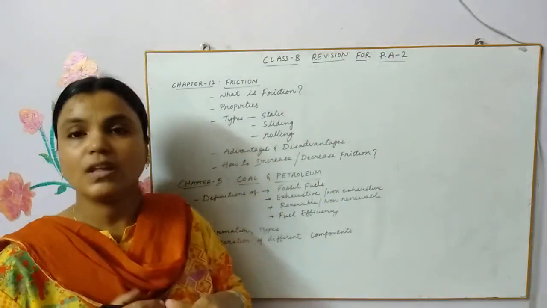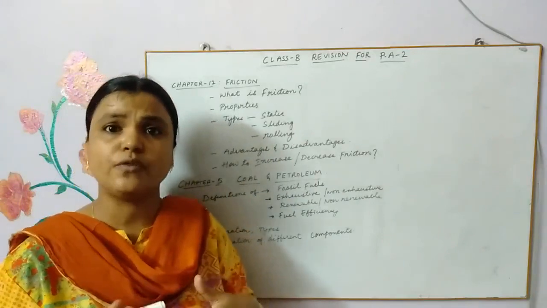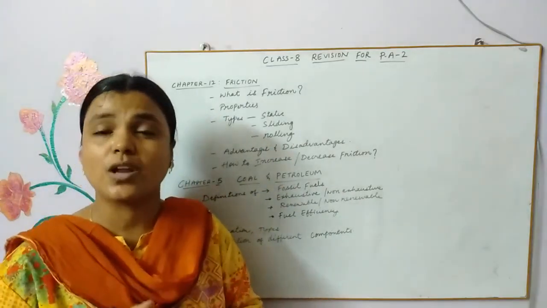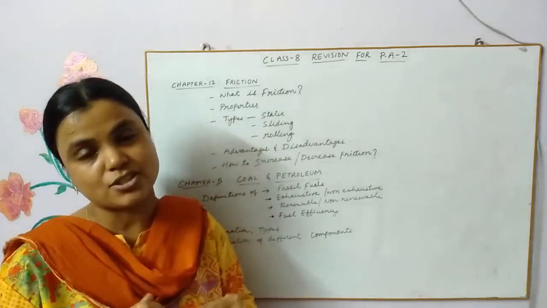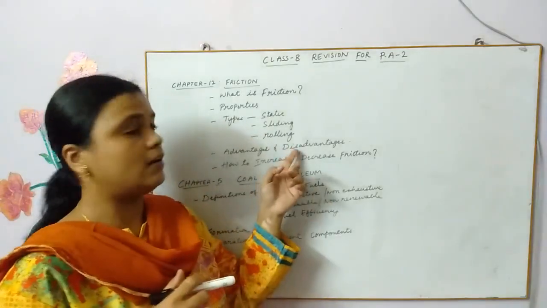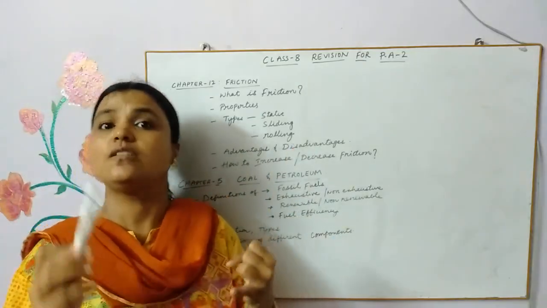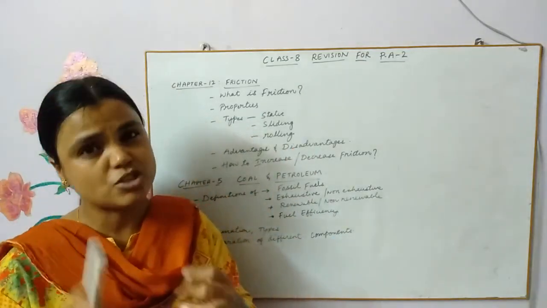So those are the disadvantages. And if there is more friction, it produces heat, and because of this heat production, many machine parts get damaged. And that is also one more very good point over here in disadvantages. It produces a lot of heat which could damage the machinery parts.